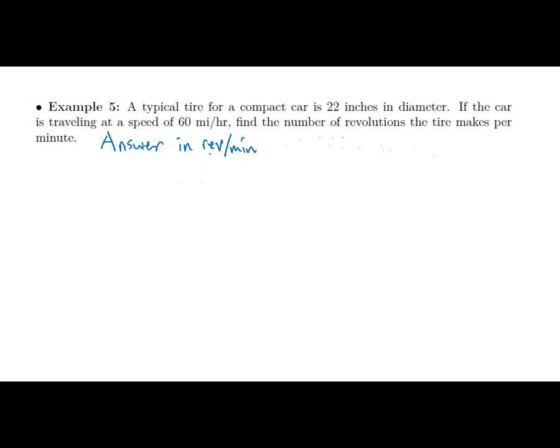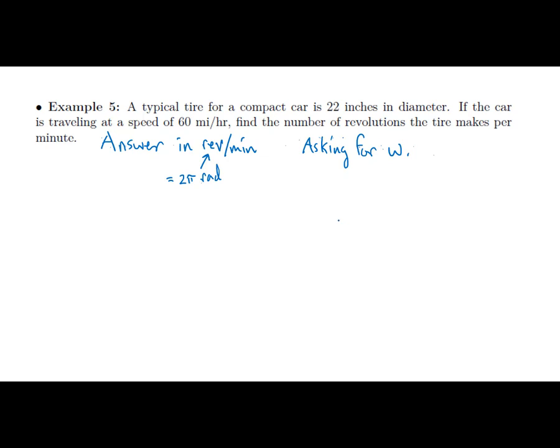Okay, but what's a revolution? It's once around the circle, so we understand that that's equal to 2 pi radians. So when they say revolutions per minute, let's understand that they are asking for angular velocity.